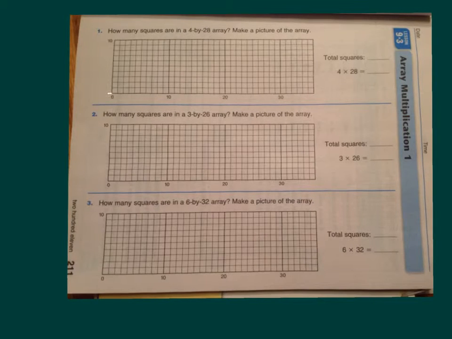To model with you, we could go across 28, and then we can go up 4. Your model would look something like this. You will do the rest of the remaining page on your own, or with a partner, depending on what your teacher wants you to do.